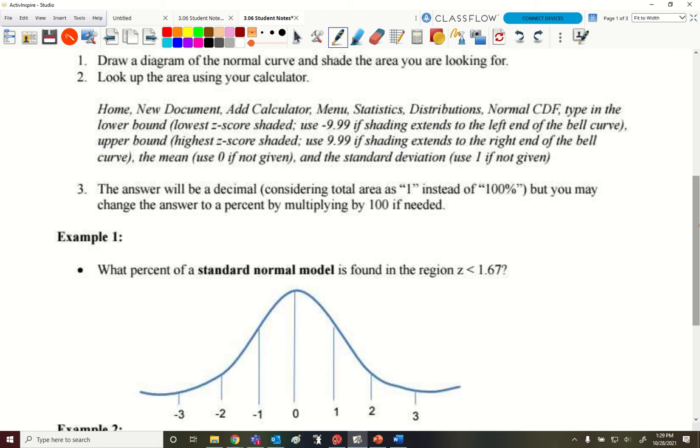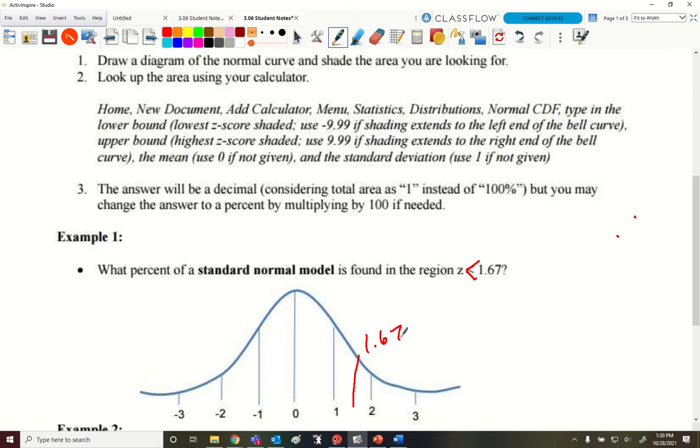It says what percent of the standard normal model is found in the region where z is less than, remember, alligator eats the bigger number, 1.67. Now, I need to put in where is 1.67? It's going to be right here in between 1 and 2, and I'm going to call that 1.67.